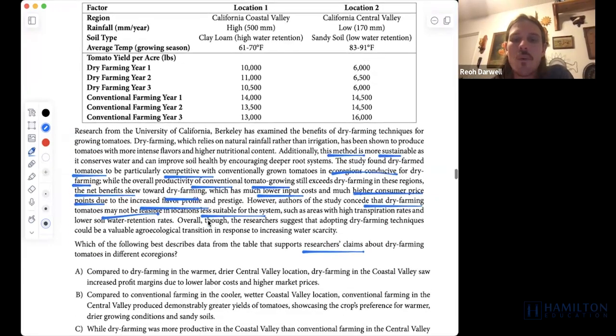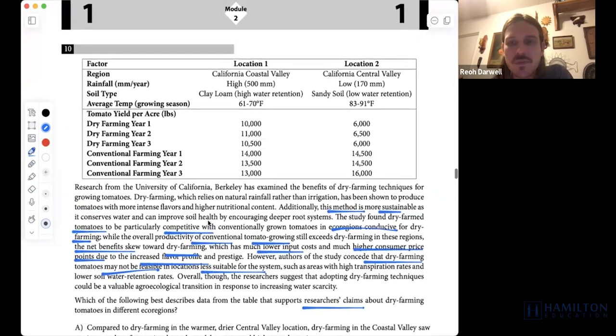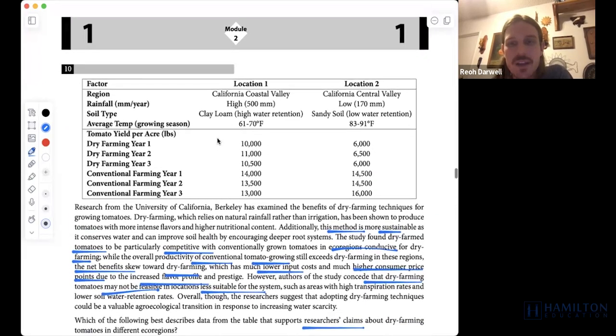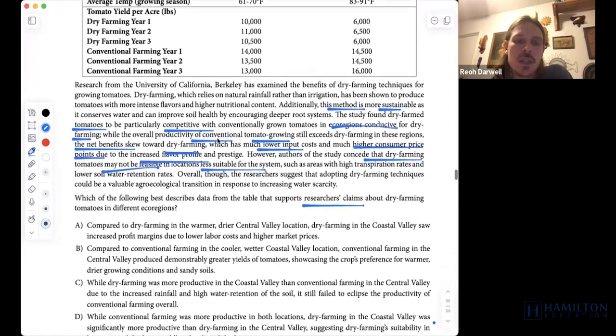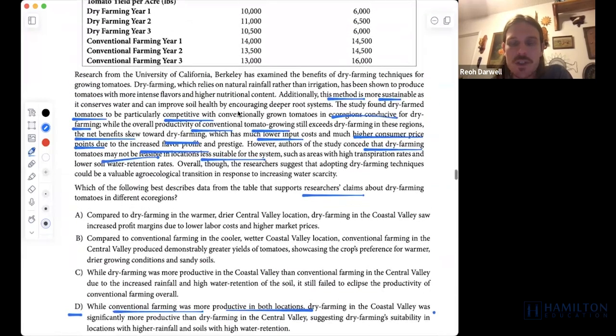Right, so what would show their claim that we have dry farming being competitive with conventional farming so long as it is in the right ecoregion rather than the wrong one? All right, so D says that conventional farming is more productive in both locations, which is stated right here.